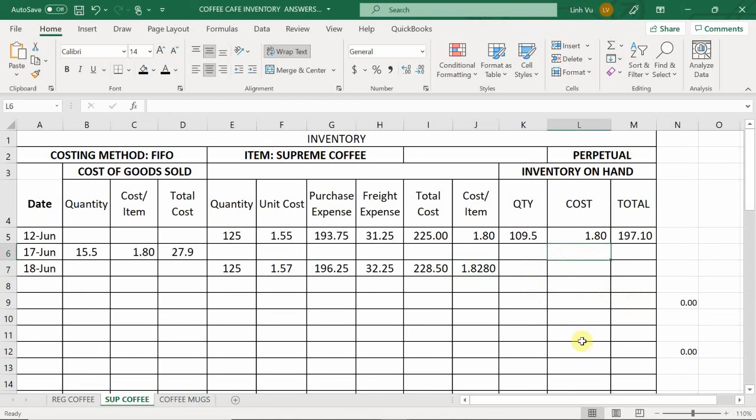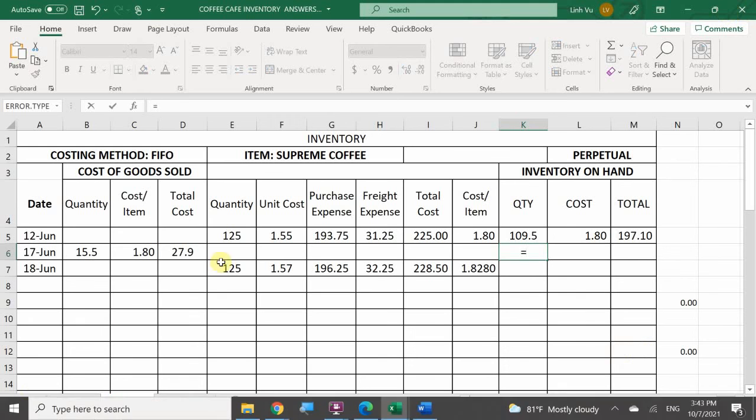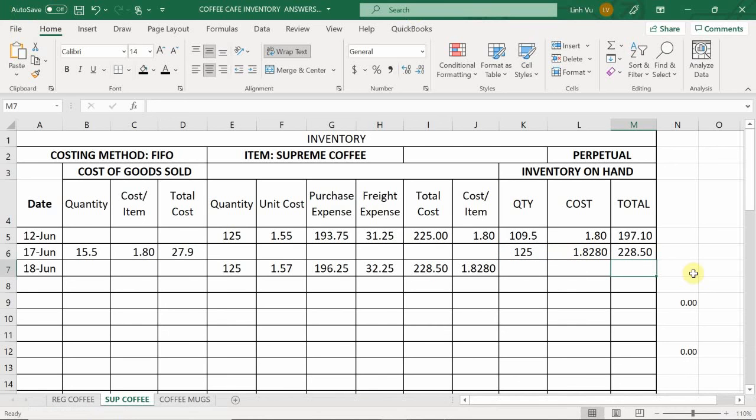So now I'm going to carry this inventory over, because this is going to be part of my inventory. I have 125 pounds, and it cost me $1.83, 182.8. So therefore, I should have a grand total of $228.50.